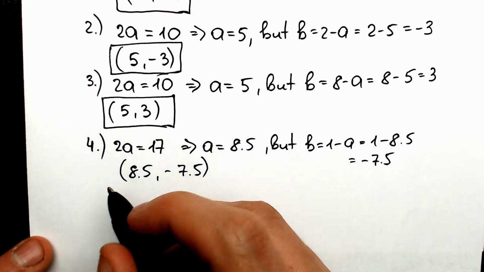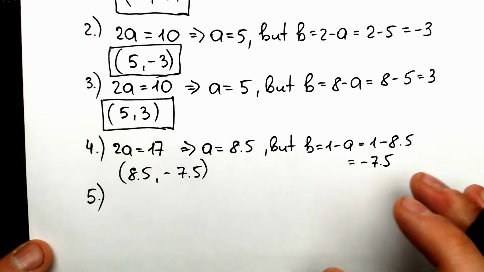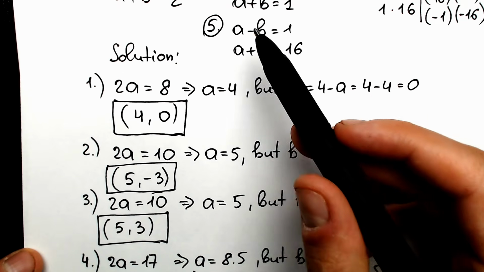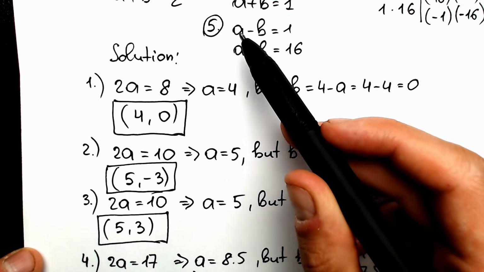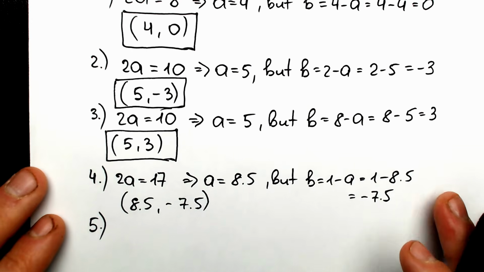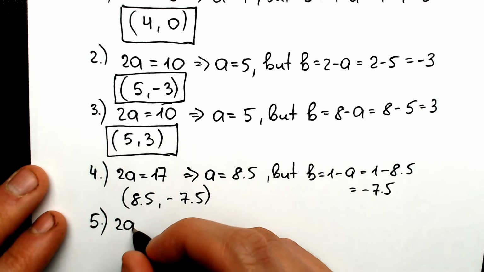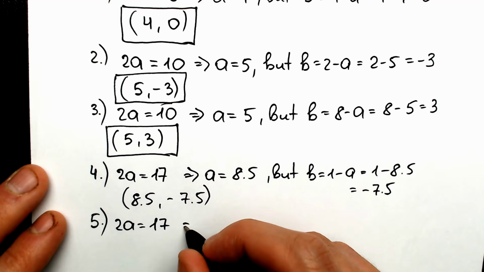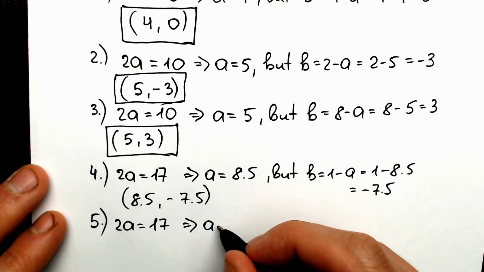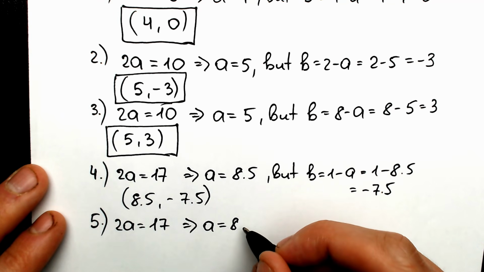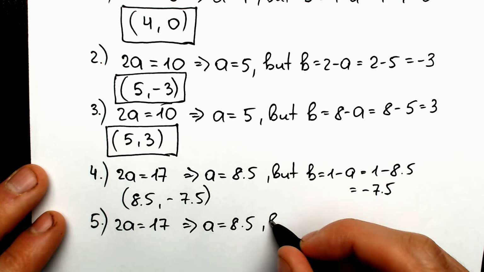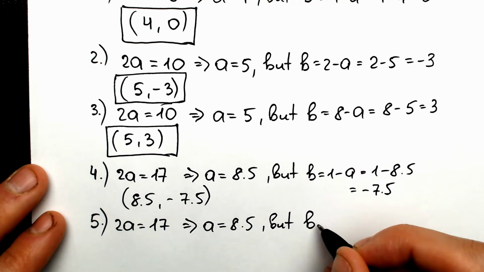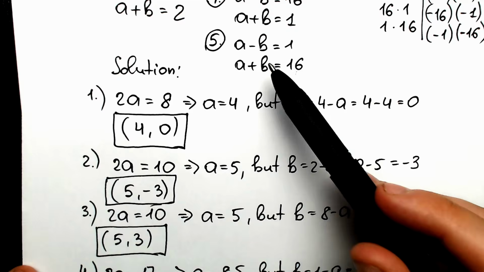And our last pair, our last fifth system of equations, we have a minus b is 1 and 16, so 2a equal to 17, the same addition. And from here, our a is equal to 8.5, the same thing, but b is equal to 16 minus a.